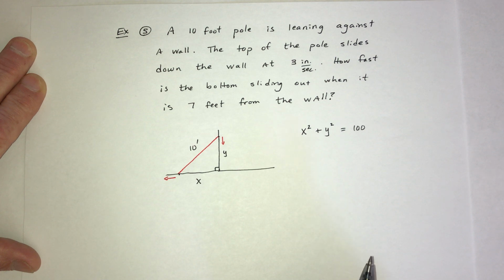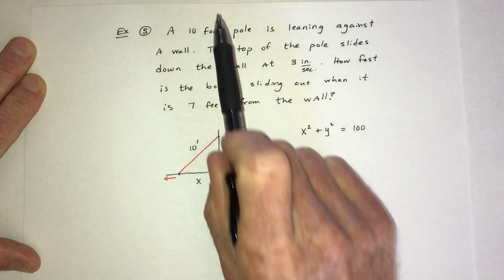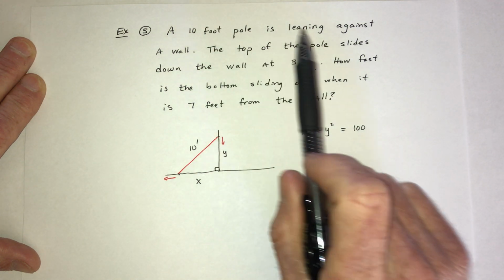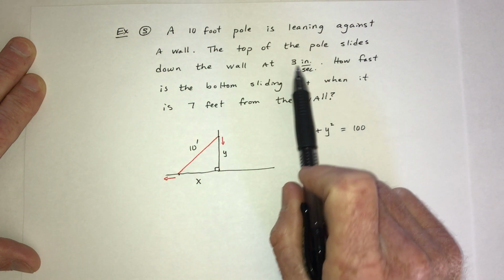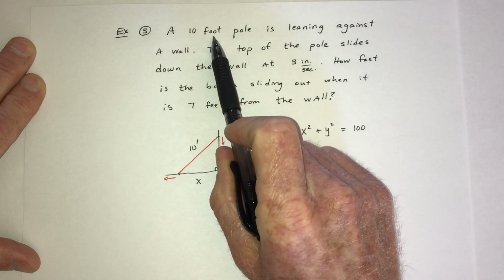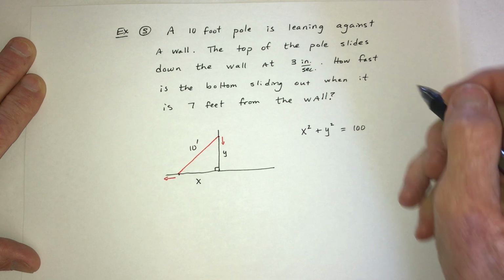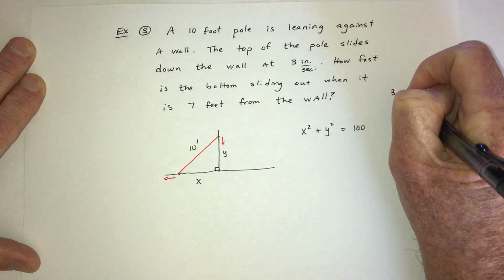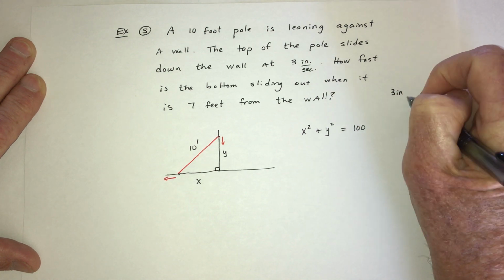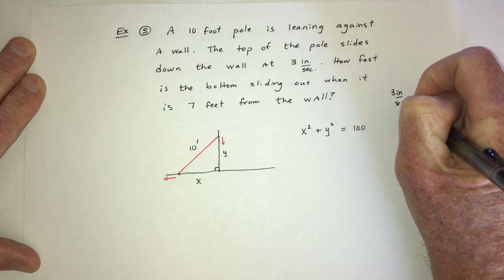Okay, I just noticed something. Feet, inch. So the majority of them are already feet, so I'm going to leave it in feet. I need to change this. So 3 inches per second.